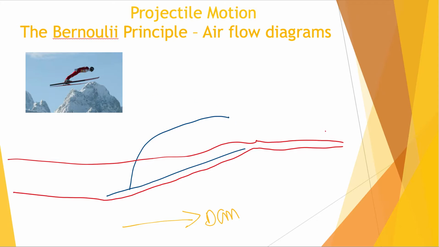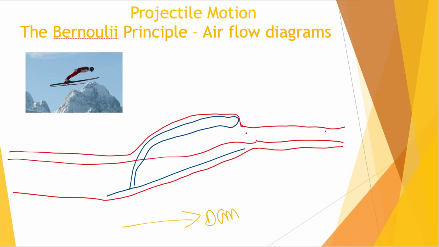But what you see with the ski jumper is they've got the helmet, and the way the ski jumper holds their head, really, and we probably should have drawn on their body, is that as this piece of air hits their helmet here, it gets forced around this curved top before it meets the air again at the bottom.